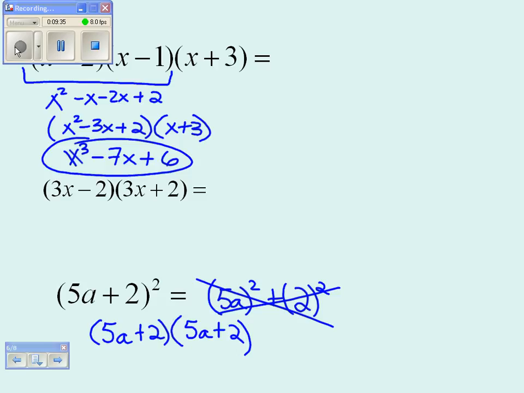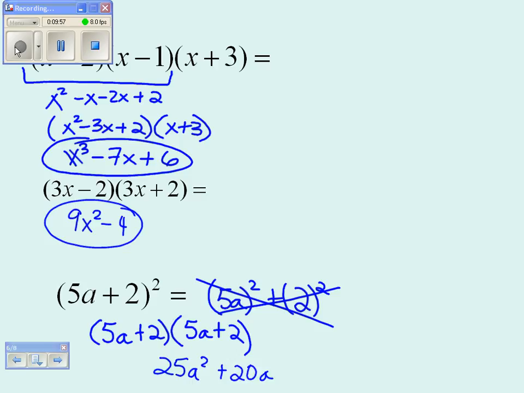So what'd you get for the whole thing? Not plus 4, but minus 4. Good job. And now this one, they're identical, but they don't have opposite signs, so the middle term's not going to cancel. So what's this one? Right, 25a squared plus 28, plus 4.